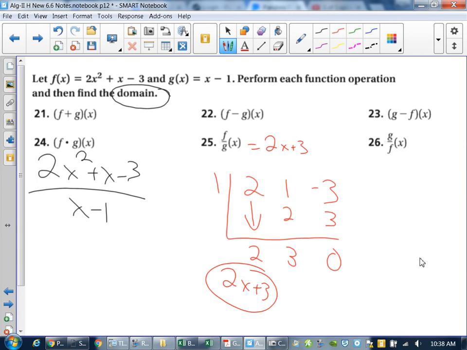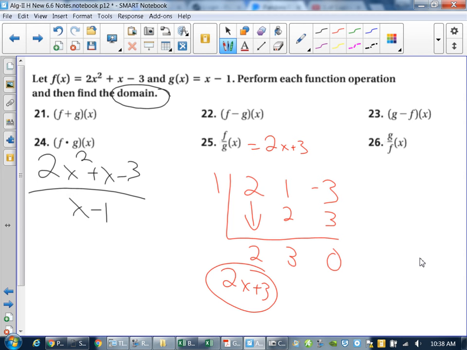So, what I'm looking at here, when we start talking about domains, for most of these problems, your domain is going to be all real numbers. Some of the problems, you're going to have restriction upon your domain. Domain restrictions usually occur when you have something that you divide by 0. In number 25, we have a domain restriction.